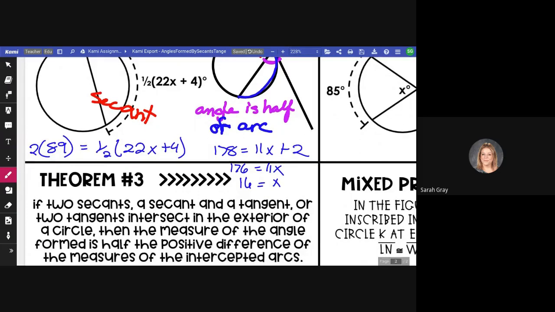I'm confused. Wouldn't you put 89 equal to a half times 22x plus 4? No, the arc and the angle are not the same. The arc is double the angle, or the angle is half the size of the arc.